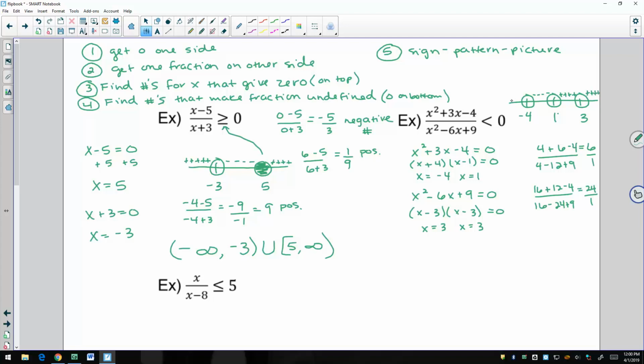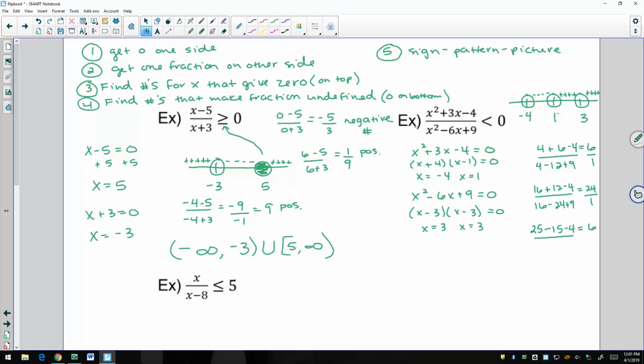And then the last one, we have to check -5. Be careful with negatives. When you are squaring negatives, remember they're actually positive. So -5 squared is actually 25. 3 times -5 is -15, minus 4. 25 minus 15 is 10, minus 4 is 6.